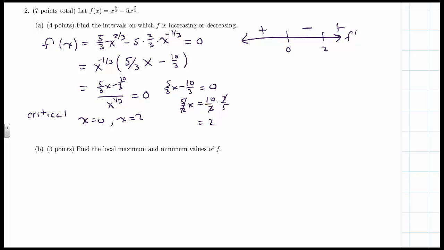So the intervals of increasing are going to be from negative infinity to 0, but not including 0, and then from 2 to infinity, we include 2 but not infinity, and intervals of decreasing from 0 to 2.